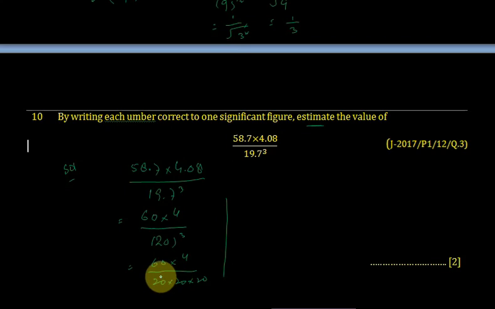Now we can cut 20 with 20, 20 3s are 60 and 4 1s are 4, 4 5s are 20. So it becomes 3 multiplied by 1 upon 1 multiplied by 5 multiplied by 20. So it can be written as 3 upon 100, since 5 multiplied by 20 is 100.